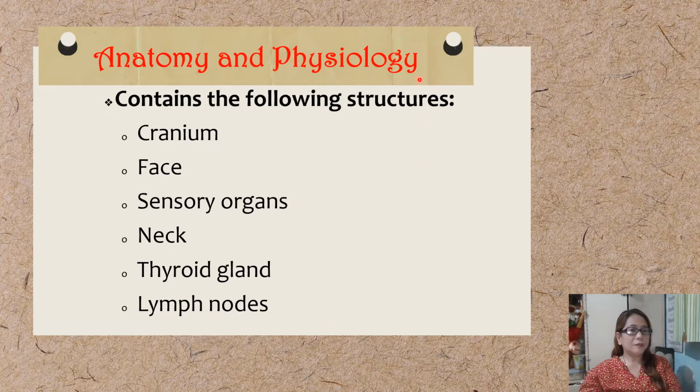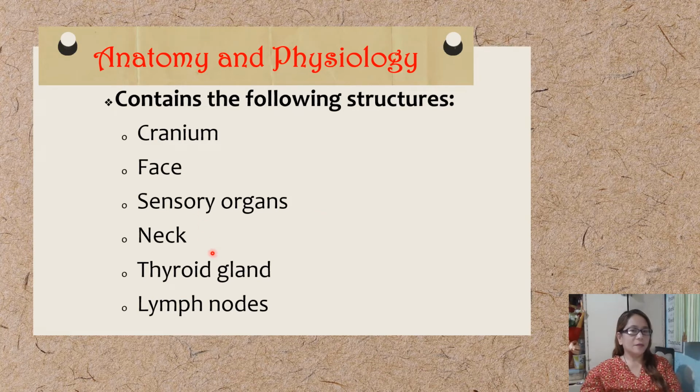Okay, so before we proceed to physical examination, it is important to review the anatomy and physiology of the head and the neck. The head is the upper portion of the body that contains the following structures: the cranium, wherein your brain is located; the face, which houses the sensory organs such as your eyes, your nose, your mouth, and your ears laterally.